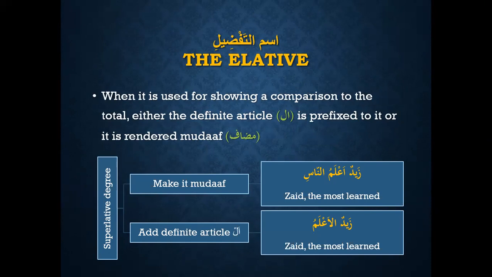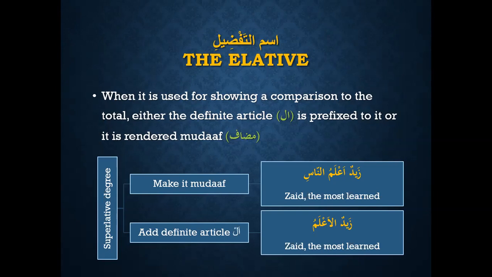So if you say Zaydun af'alu, you just make it al-af'al. Al-af'alu, al-akbaru, al-a'lamu. Obviously together you say Zaydun al-a'lam. Zayd, the most learned. Al-a'lam, al-akbar, al-asghar. Okay?